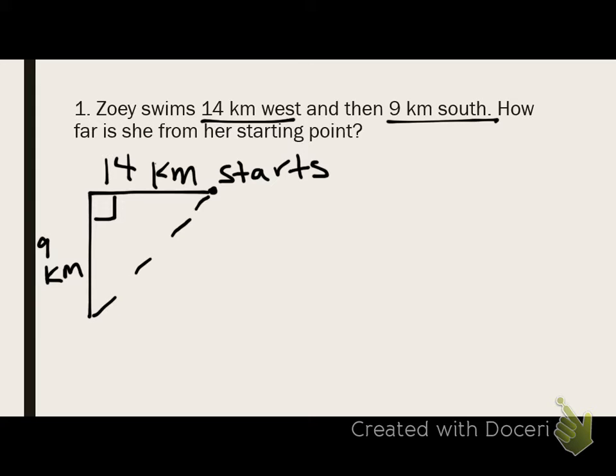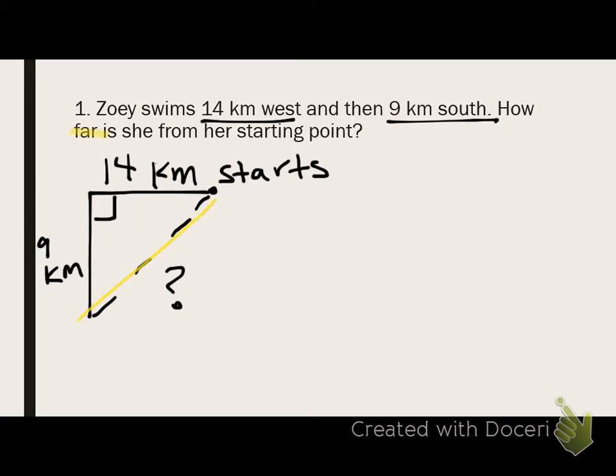How far is she from her starting point? So we're asking for a distance. Remember that we are only dealing with right triangles. You have learned 2 strategies, and one of them will work and one of them won't. You've learned about Pythagorean theorem, and you've learned about trig ratios. Here we have 2 sides, and we are finding another side because it says how far, and far is a distance.